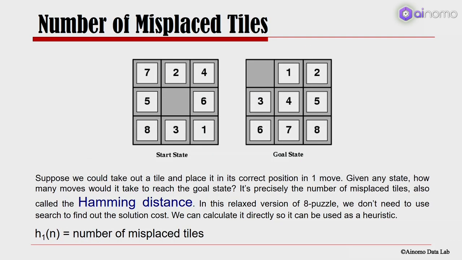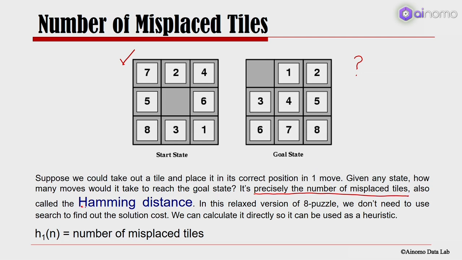So let us look at the first heuristic, called the number of misplaced tiles. Suppose we take out a tile and place it in its correct position, as I was trying to explain in the previous slide. Given any state, the question is how many moves I would require to come to the goal state. It is precisely the number of misplaced tiles.